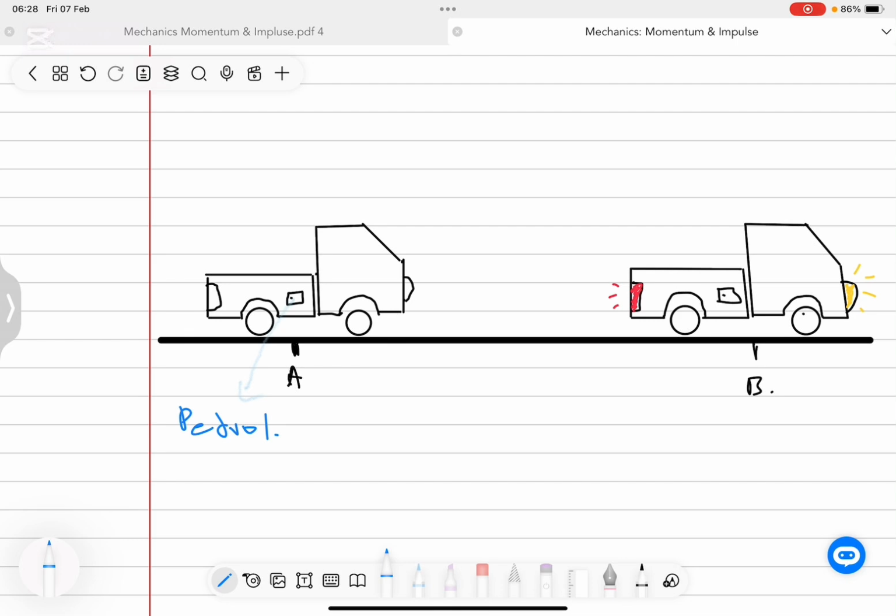The truck also has a battery. Usually it will be somewhere there. So we'll also have a battery in the truck.